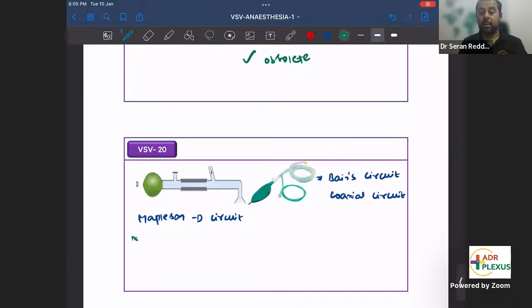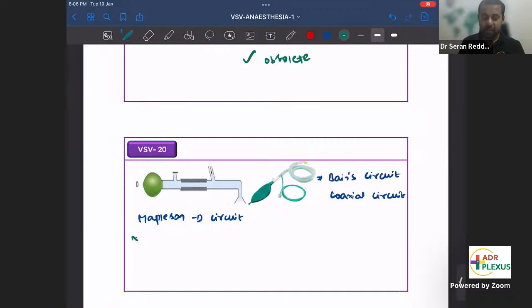This is called a coaxial circuit, and is the best circuit used for controlled ventilation in adults. Though it is the best circuit used for controlled ventilation in adults, it can simultaneously be used for spontaneous ventilation also.